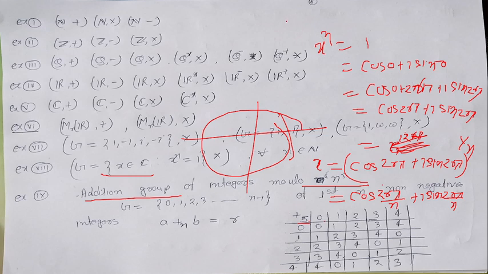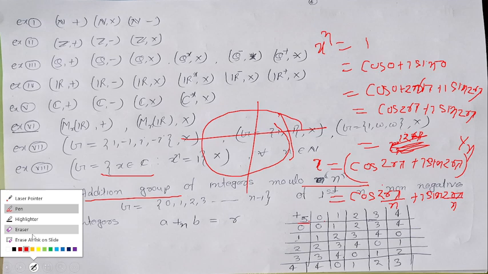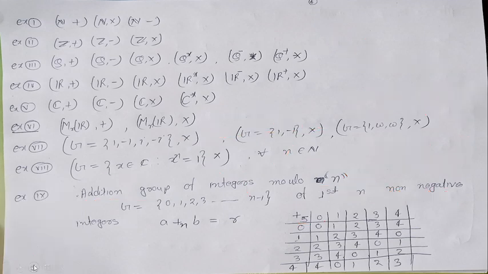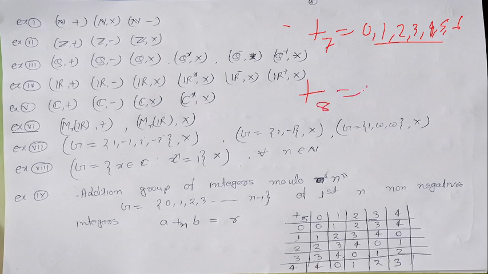If there is multiplication modulo 7 written there, then you have to write down the elements as 0 1 2 3 4 5 6, and if there is addition modulo 8, then 0 1 2 3 and so on up to 7, something like that.